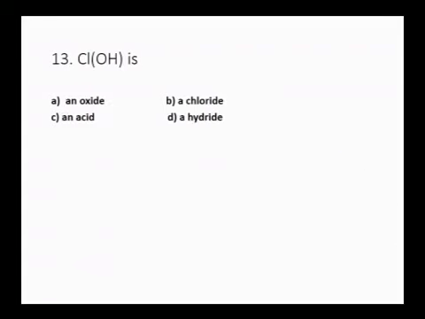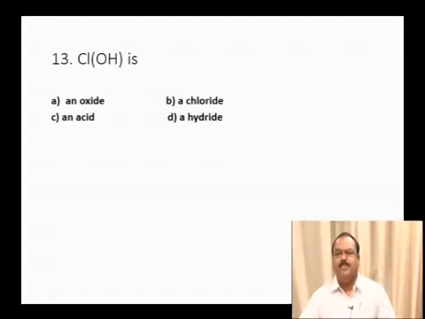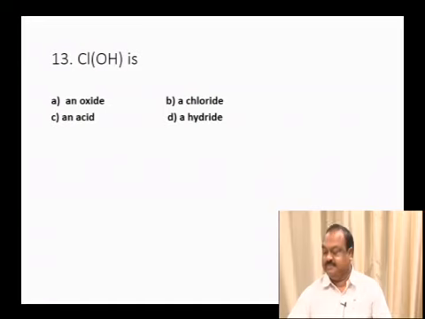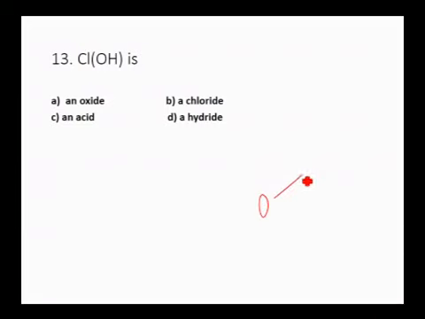Next, ClOH is called hypochlorous acid. Its structure is, it indicates whether it is an oxide.